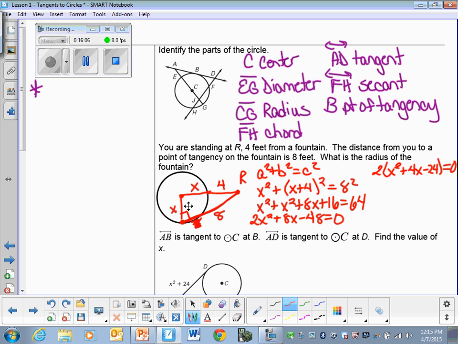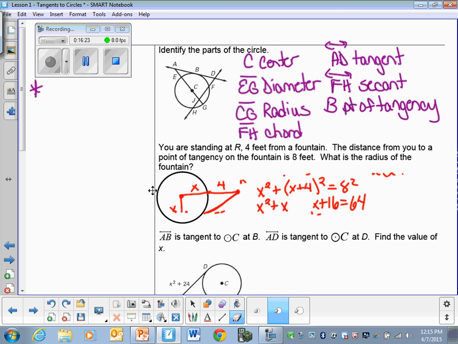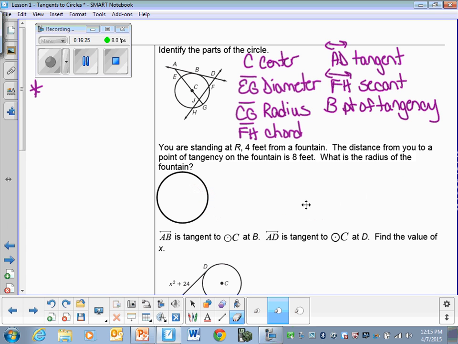Oh, I did this entire problem wrong. And we're too far into the notes for me to go back and re-record them. So I'm going to erase. I hope you were using pencil, because I just realized I drew this entire problem incorrectly. So let's go back. This happens.